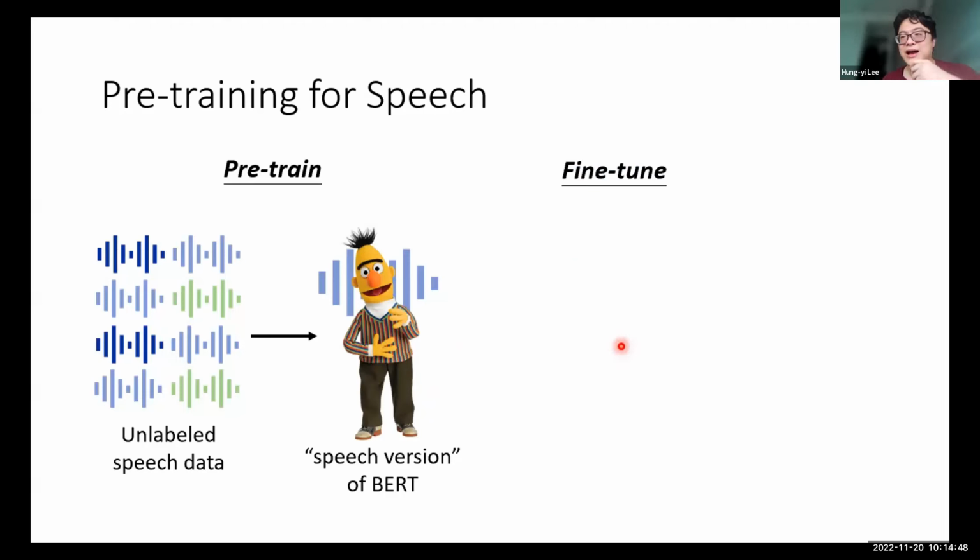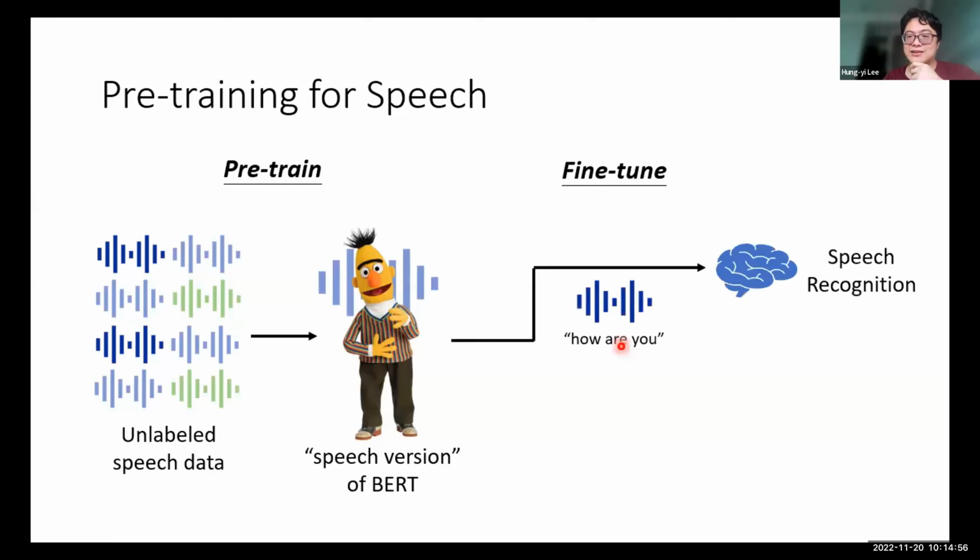After you have the pre-trained model, pre-trained from speech, you can fine-tune the model for different speech processing tasks. For example, you can use the model for speech recognition. You collect some utterances, and you have text labels for the utterances. Then you can fine-tune your speech version of BERT, and the model can do speech recognition.